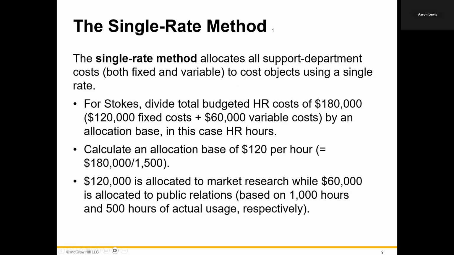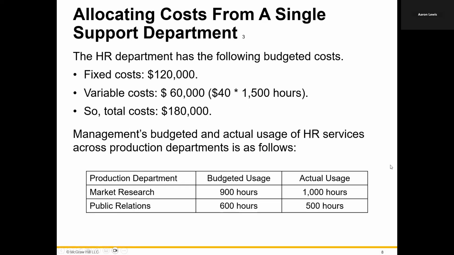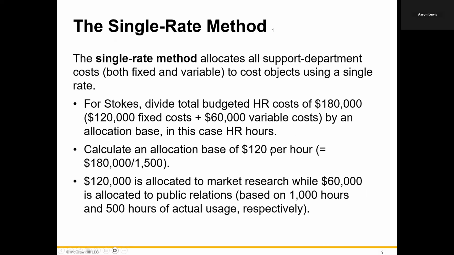Well, we can go through now and figure out how much we should actually be assigning at that predetermined allocation rate. And that is based upon the actual amount of hours that you had. So we actually had 1,000 hours for market research and 500 hours for public relations. We're going to take the actual amount of the driver, in this case the labor hours that went into those two different departments, and multiply it by our predetermined allocation rate.